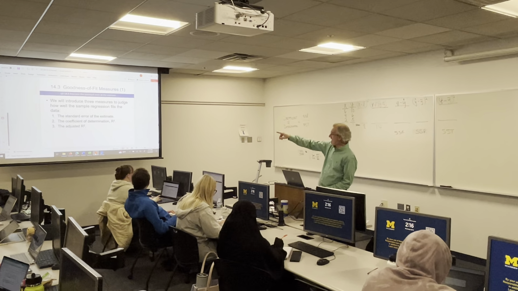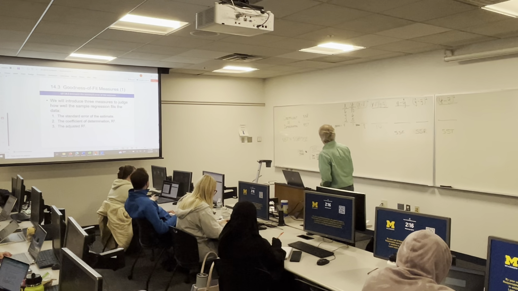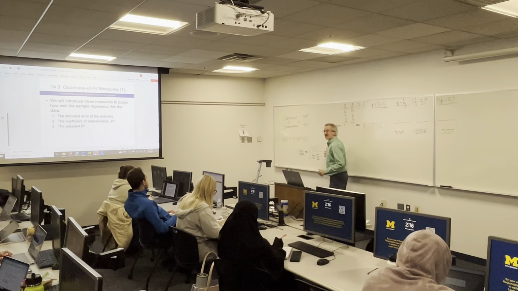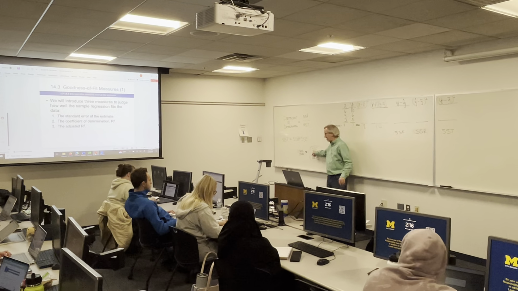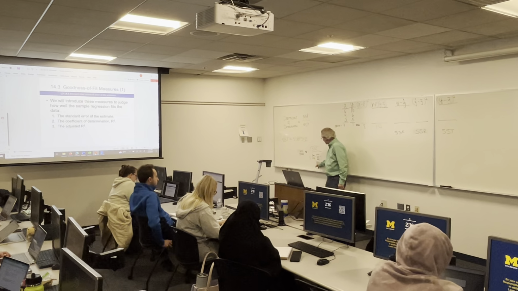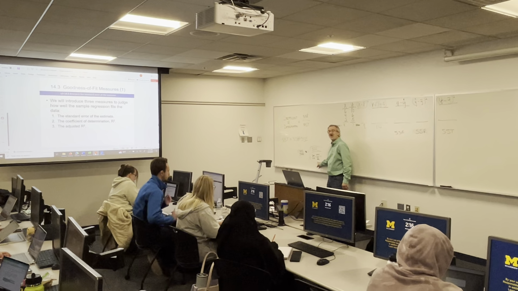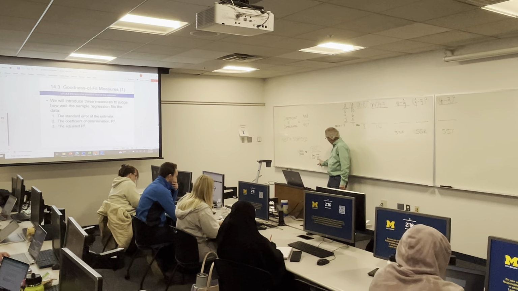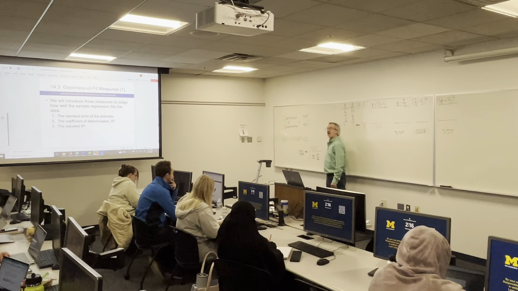And the top one is called the standard error of the estimate, which is right here. If we were manually calculating, it'd be SSE, which will make sense in a minute, over the sample size minus the number of explanatory variables, I'll explain that in a minute, minus 1, the whole thing square rooted.